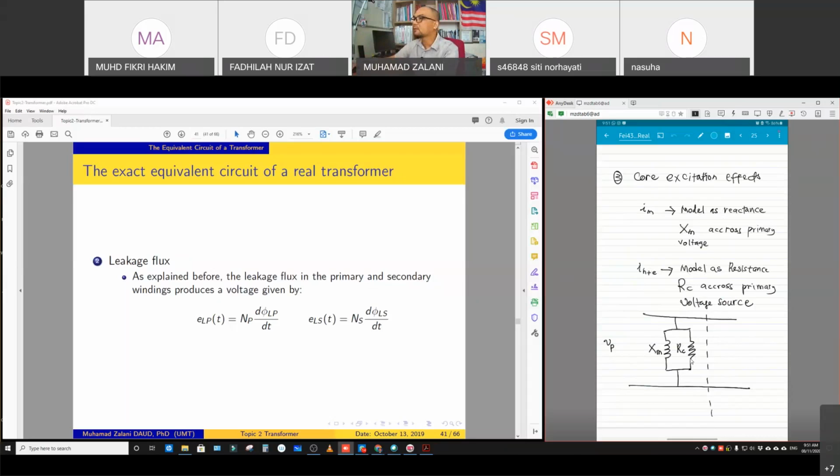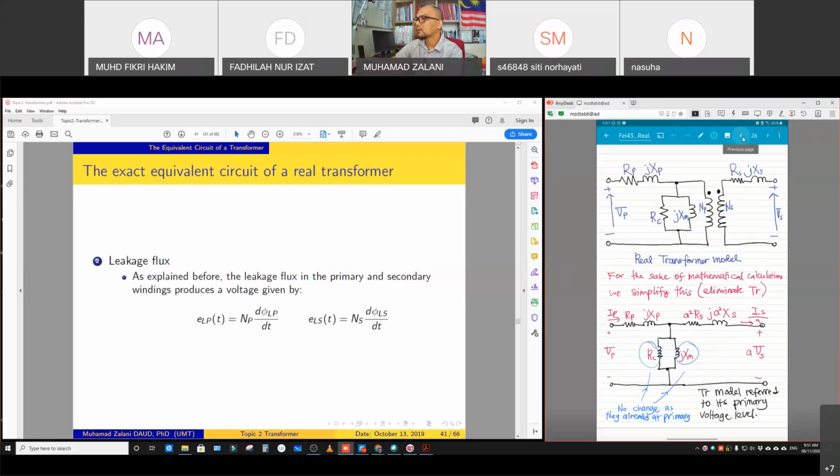This is for the hysteresis and eddy current loss that is released as heat. XM represents the reactance for the magnetizing current. So for core excitation effects, we represent it as a parallel branch. All right, and then we end up with a real transformer model, which looks like this.